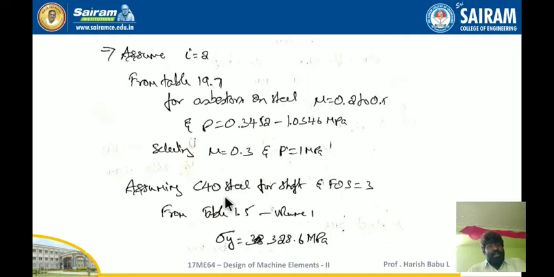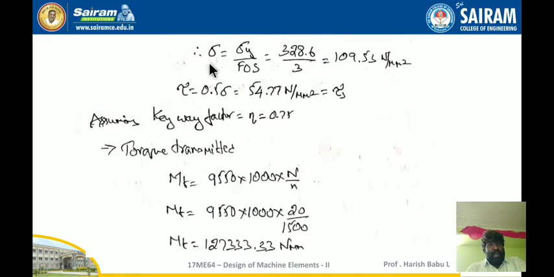So since D1 is not given and D2 is not given, I have to find out the shaft diameter, that is small d. For that I am going to assume the shaft material as C40 steel and FOS, factor of safety, as 3. So from table 1.5, that is volume 1, I can get the yield stress, sigma y, is equal to 328.6 megapascals. So from that I can find sigma, that is yield stress divided by factor of safety, 328.6 divided by 3.